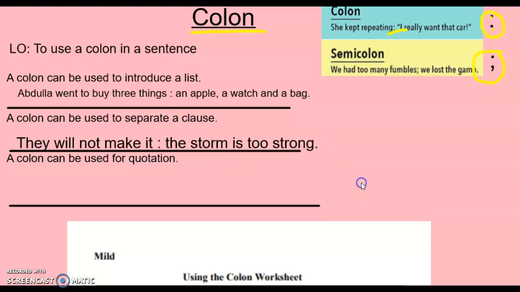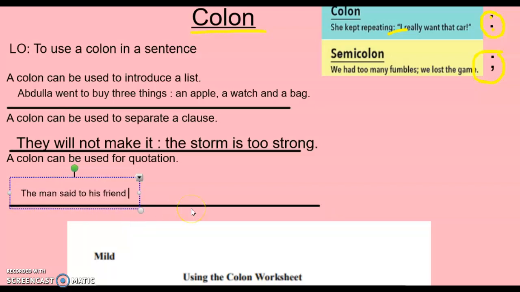Okay, it can also be used to introduce a quotation, okay? So if you have the first part of the sentence, your first clause, and it might say, the man said to his friend. Now remember, quotation is speech, okay? So it's like speech marks.